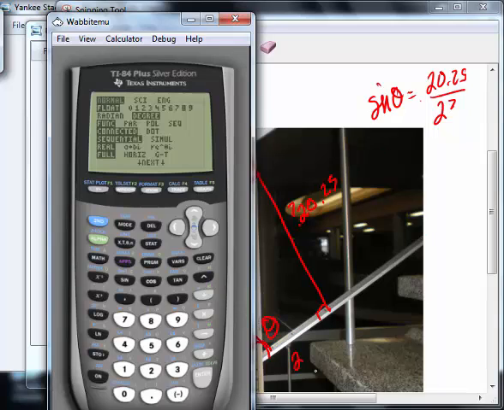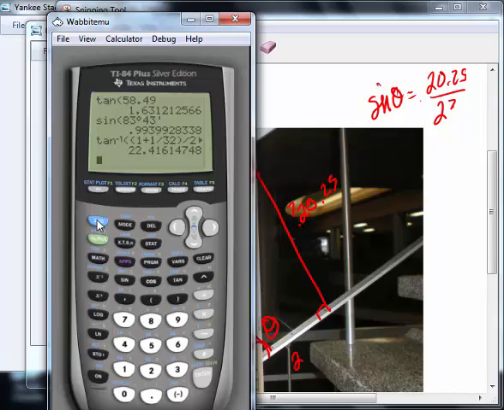So on our calculator, we're going to say second function. Now in this case it's opposite over hypotenuse, which is sine. Second function sine 20.25 divided by 23, and we get 62 degrees.